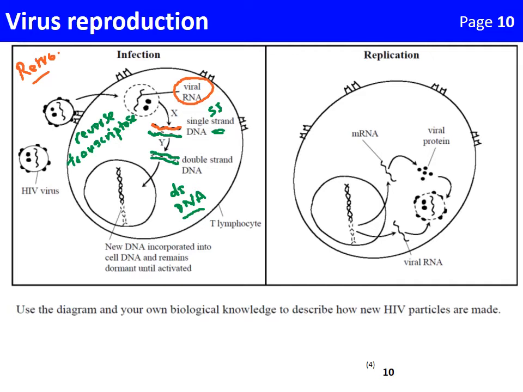So we now have a double-stranded viral DNA molecule that enters the nucleus via a nuclear pore. Inside the nucleus, it will now integrate into the host cell chromosome, and that integration is fairly random. There is actually another enzyme called integrase that is found inside the HIV virus.